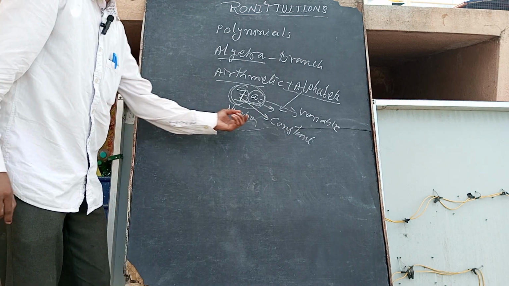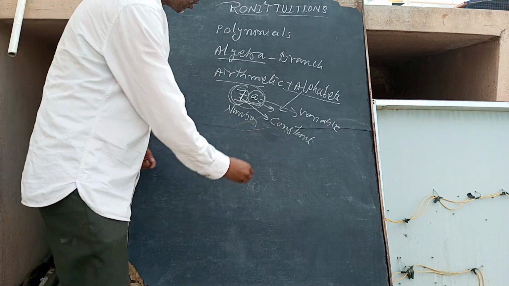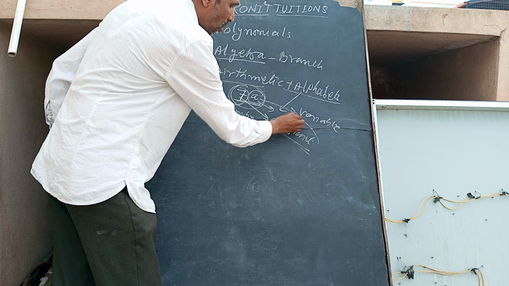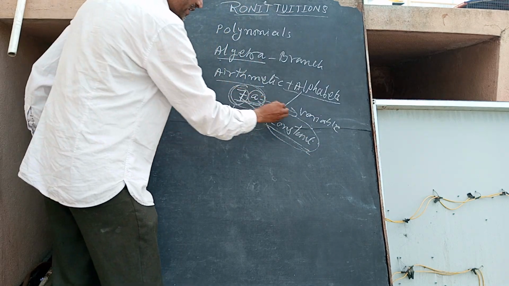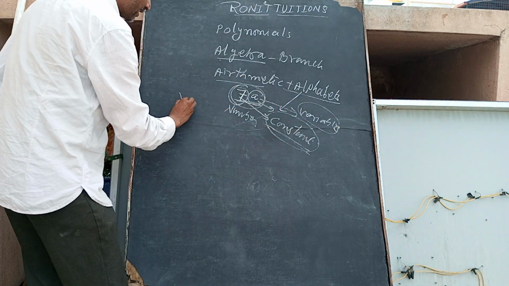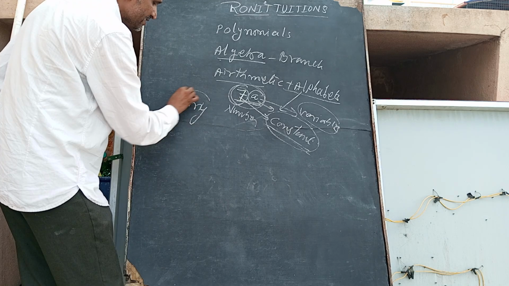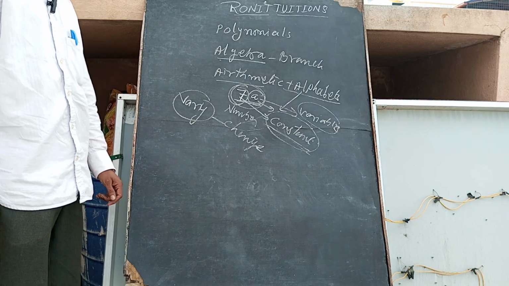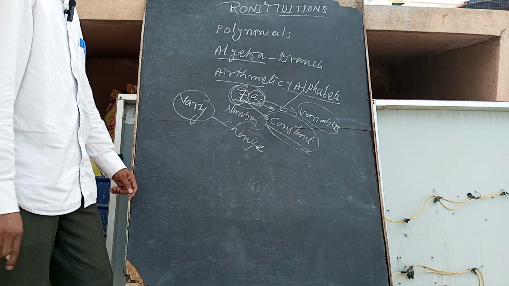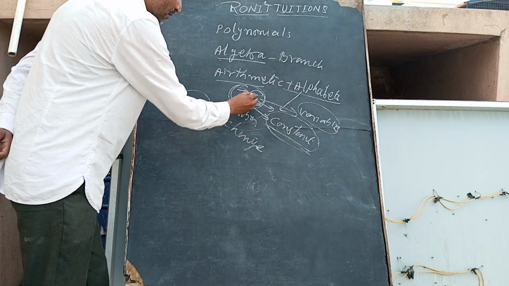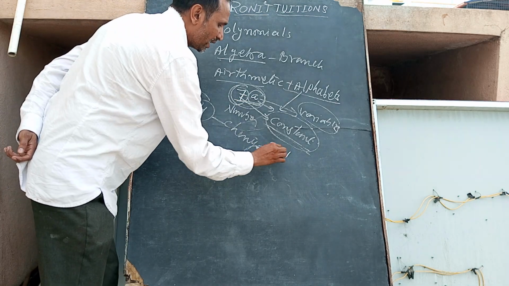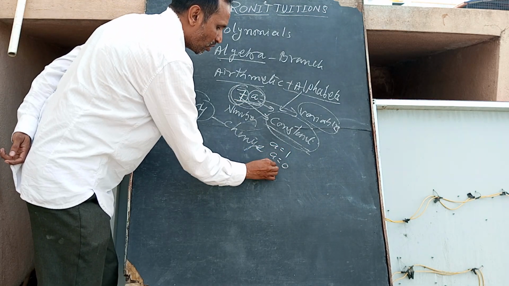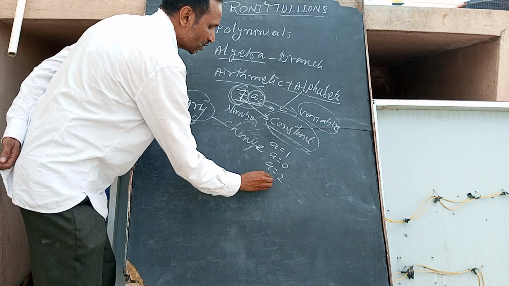What is the meaning of constant? Constant means the thing does not change. Now variable: this word came from the word vary. Vary means change; a variable can change its value again and again. Suppose a is equal to 1, or a is equal to 0, a is equal to 2, or a is equal to -3.